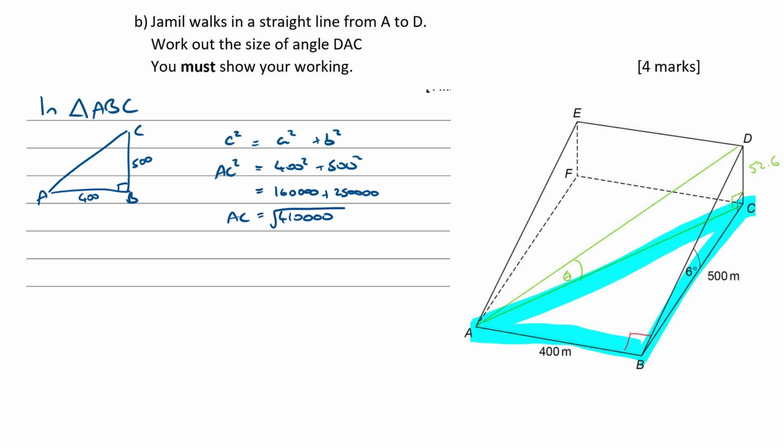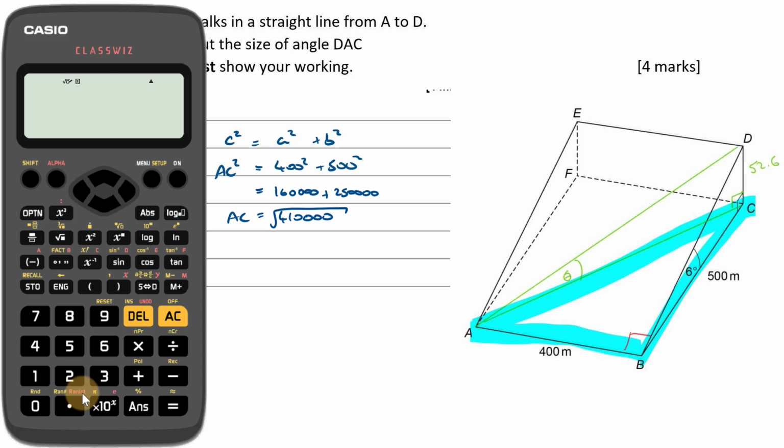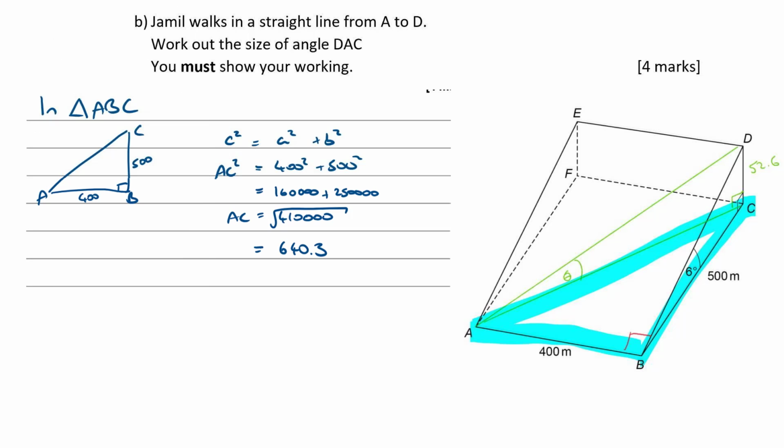So then AC is going to be the root of that then, isn't it? So root 410,000, that's 640.3. Okay. So AC is roughly 640.3. So now I'm going to switch triangles.